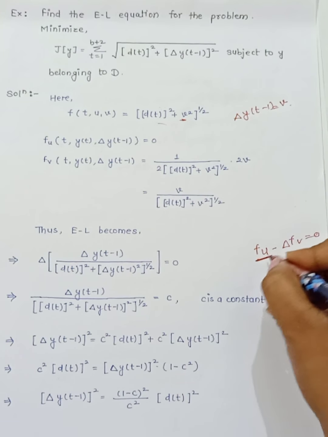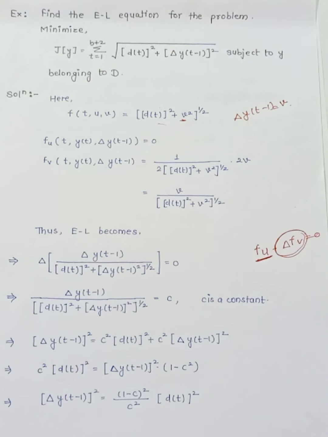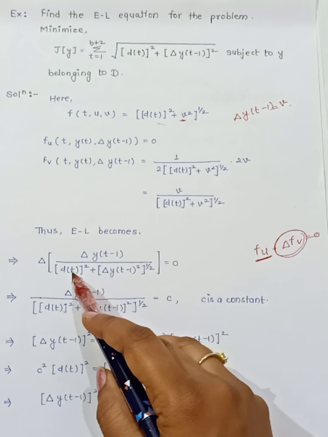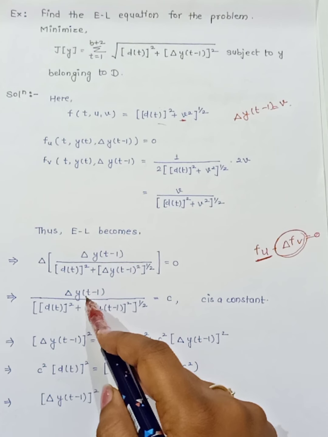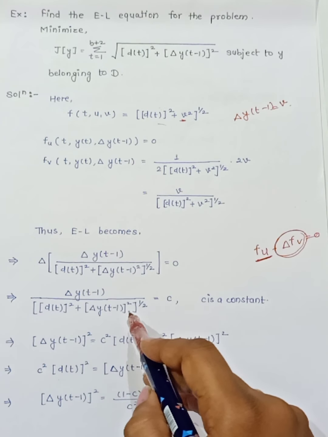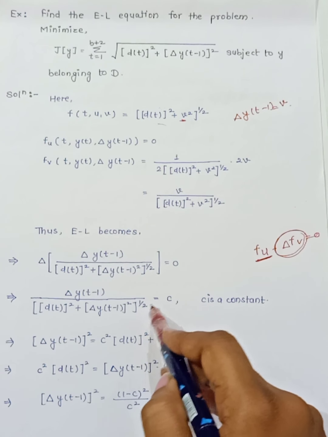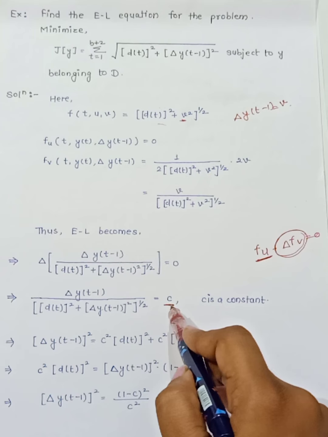So we don't have this term, so we will go with this term only and shift it here, so it will give us the plus term. So now this will give us Δy_{t-1} over (dt² + (Δy_{t-1})²)^(1/2) equals c. So this is the constant.